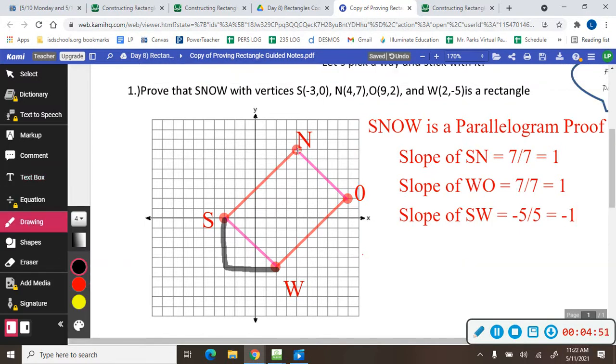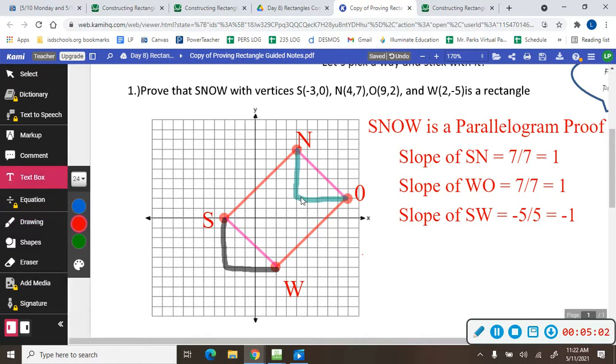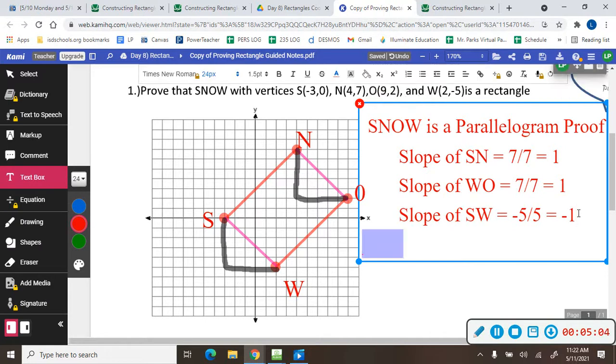And then from N to O, you go down 1, 2, 3, 4, 5 over 5. So the slope of NO is negative 5 over 5 equals negative 1. So because 1 equals 1 and negative 1 equals negative 1, this is a parallelogram.